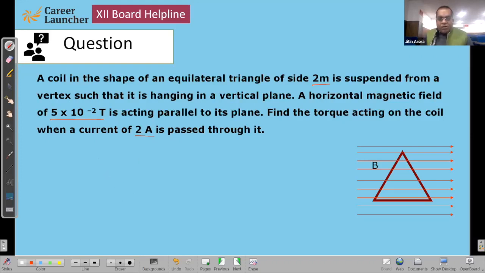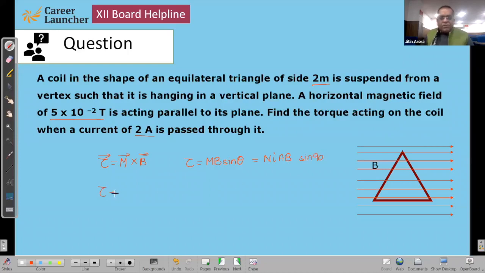We know that torque is equal to M cross B. यानी मैग्नीट्यूड ऑफ टॉर्क हो गया MB sin theta, which is equal to NIAB, and theta here is 90 degrees, so it becomes sin 90.